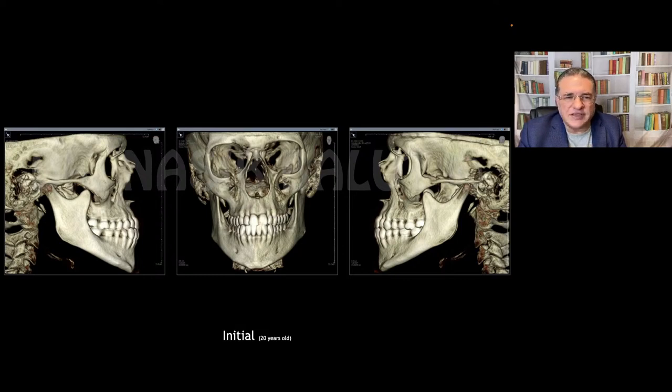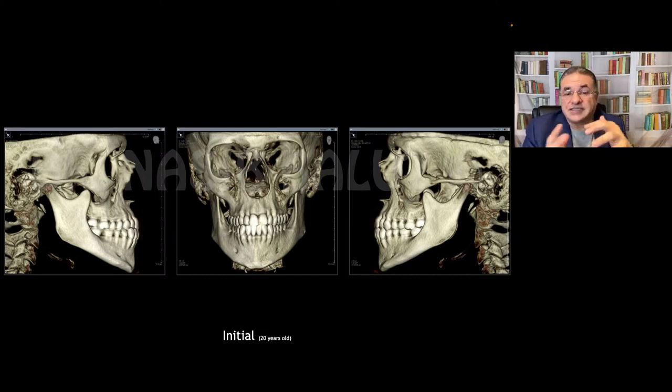So for me now it's very important to take a CBCT at the beginning of the treatment to do the diagnosis and in the final stages. So what we want to evaluate, obviously, the anterior posterior discrepancies.